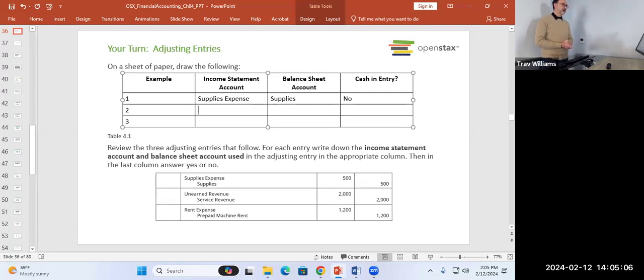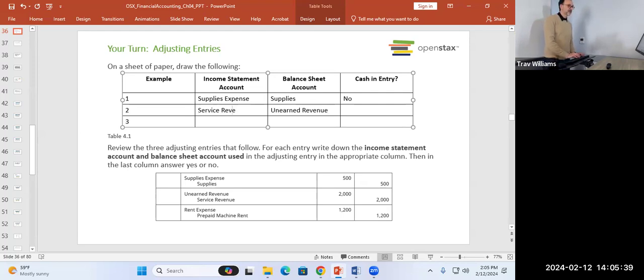How about this next one? Unearned revenue, is that an income statement or balance sheet account? Balance. It is balance sheet, right? Unearned revenue is a liability. And assets and liabilities go on the balance sheet. The service revenue, that's real revenue, right? Because it's been earned.